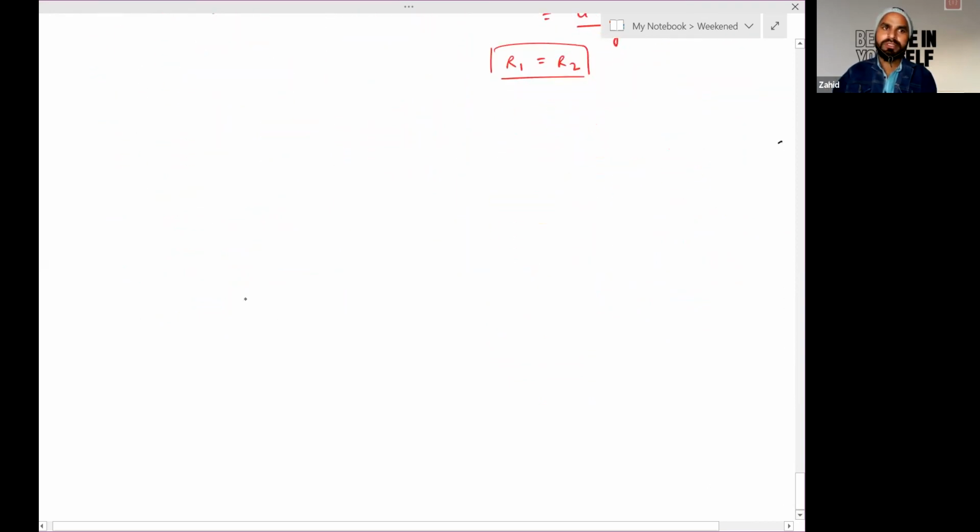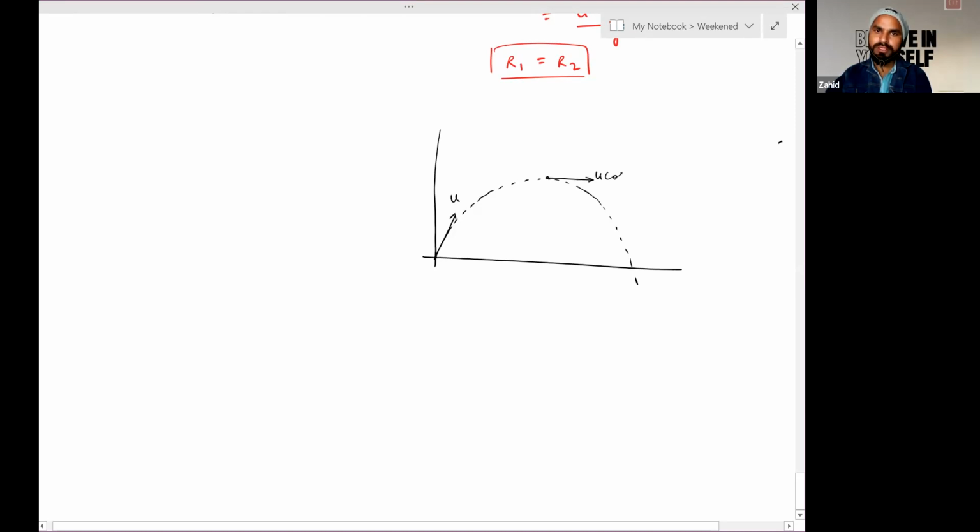Now there will be a question like to define kinetic energy from the point of projection to the final point. Suppose a body is projected along this path with some initial kinetic energy with respect to this initial velocity. At the highest point, it will have only one component of velocity, that is u cos theta.